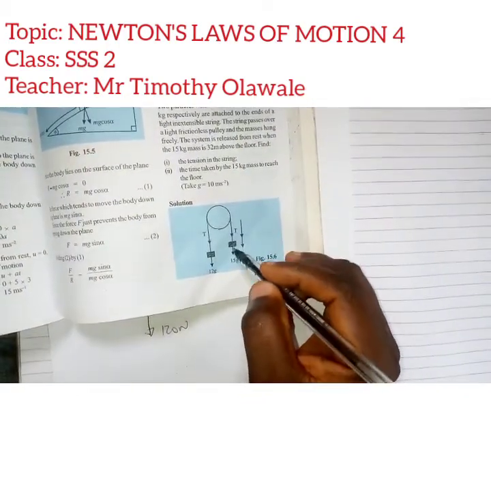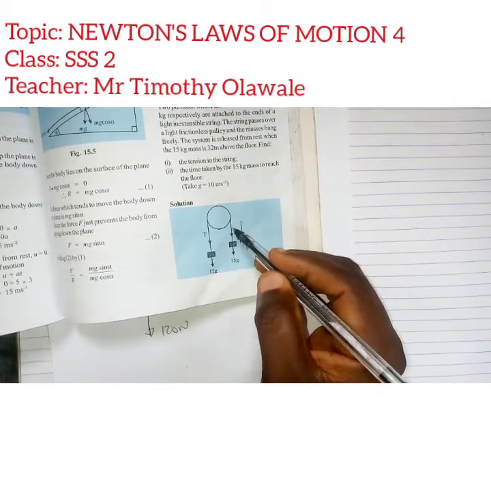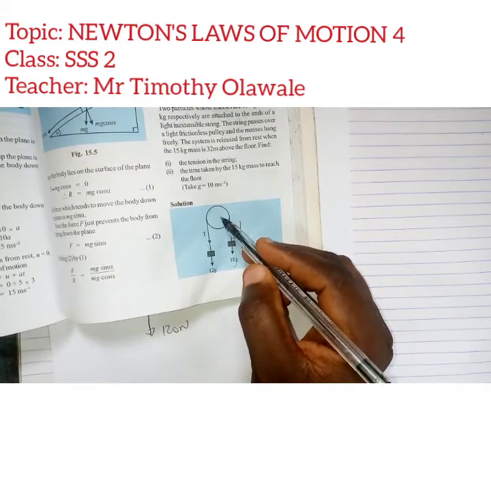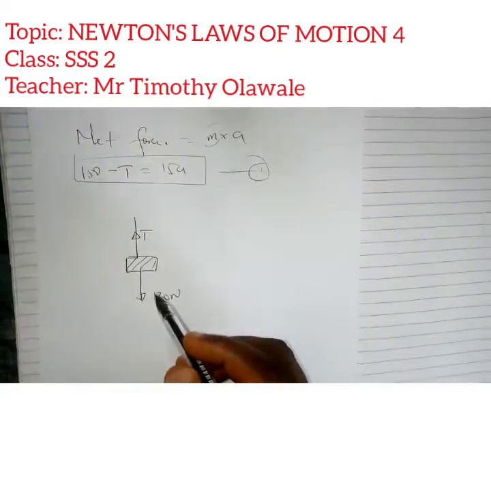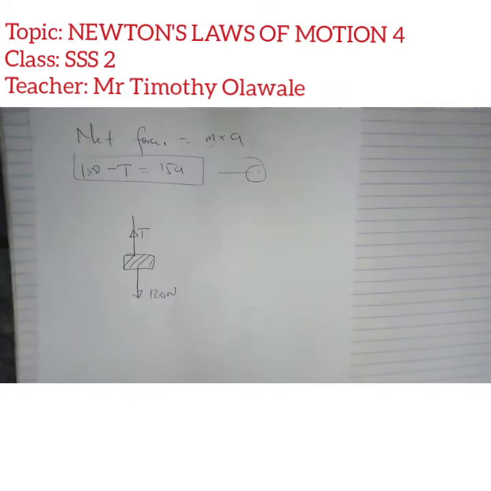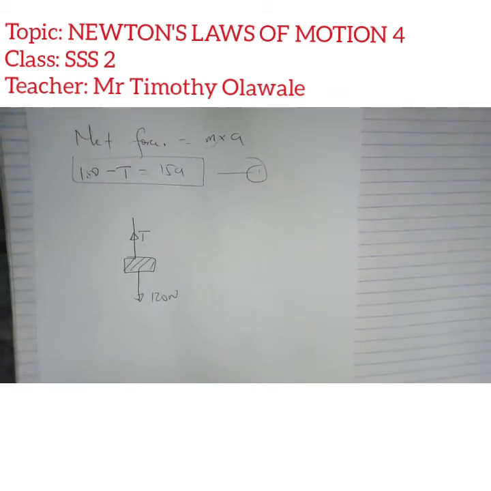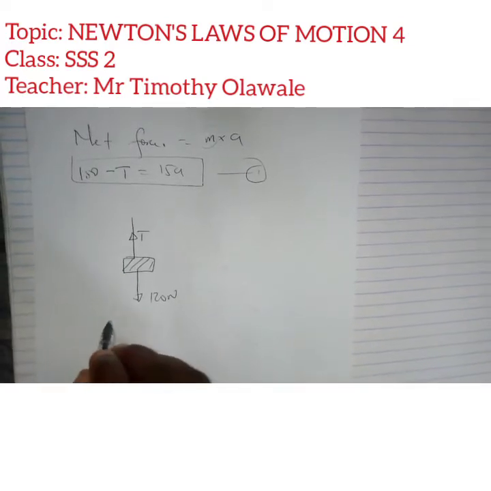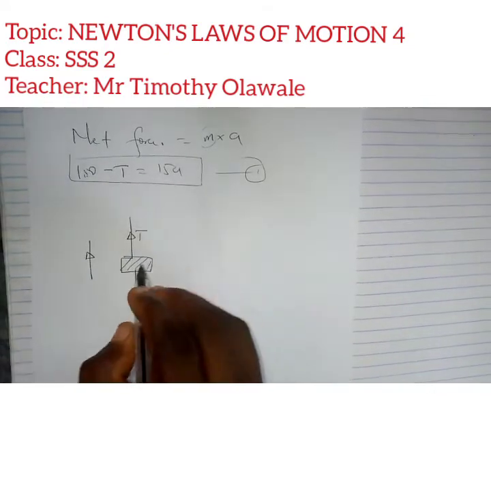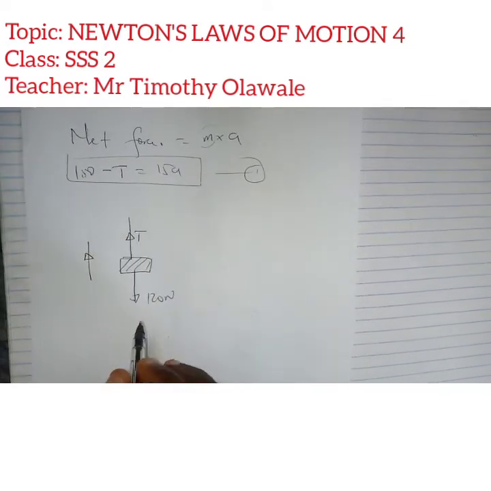The body is moving like this, so that means the 120 Newton is moving like this. In the case of the 12 kilogram body, it is moving up. So that means this tension is greater than the 120.